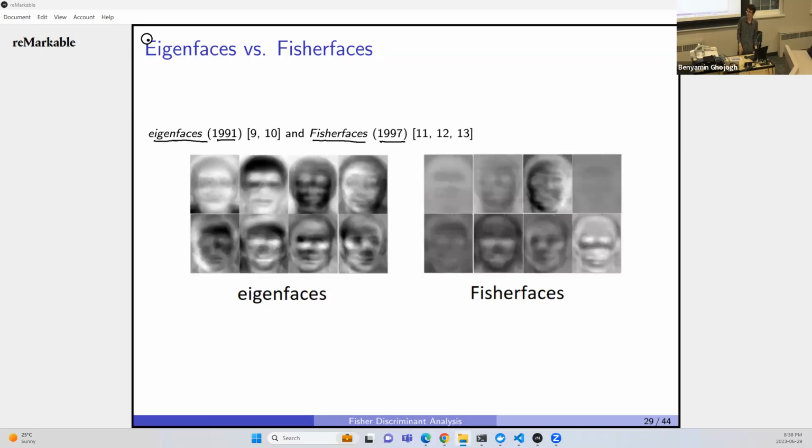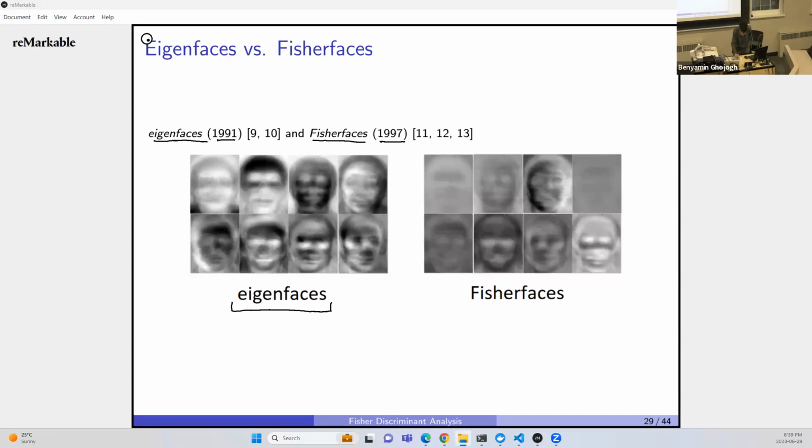What is the dimensionality of each U vector? D-dimensional, right? I have P of them, but each U vector is D-dimensional. So I can reshape each U vector back to a matrix of image shape, like an image. Then I show them. For example, in Python, I use imshow of the NumPy array. Okay, I show them. They become like this.